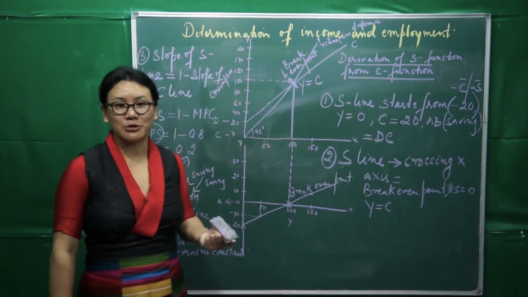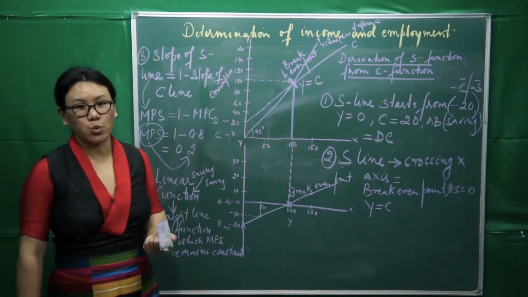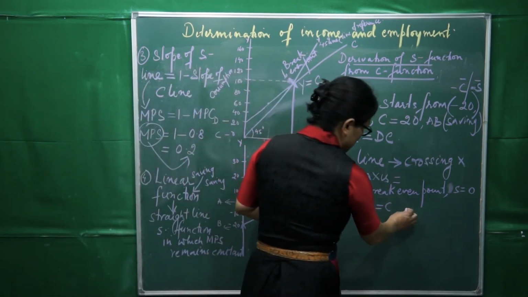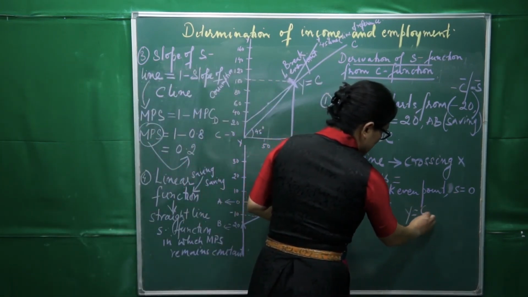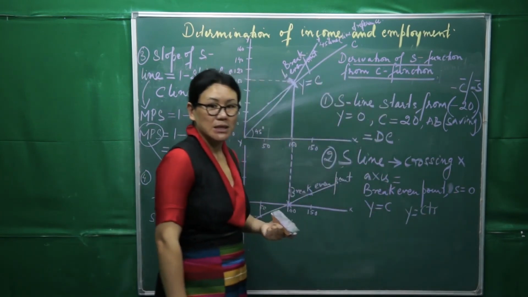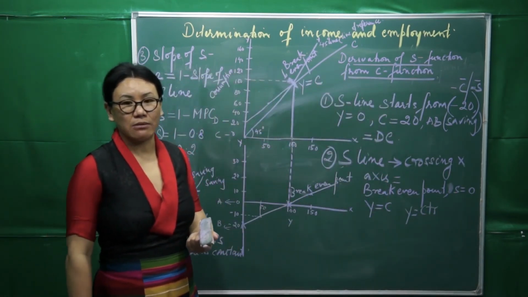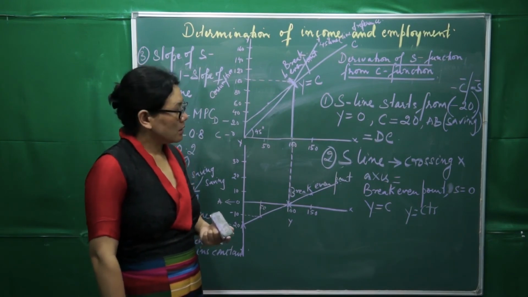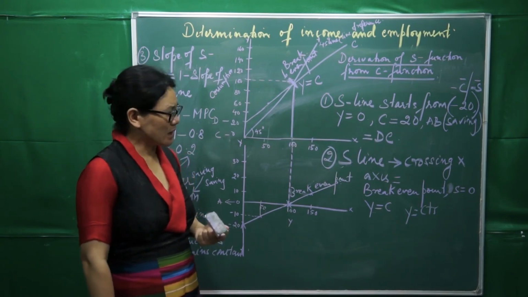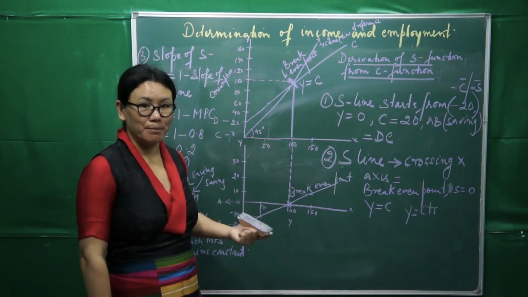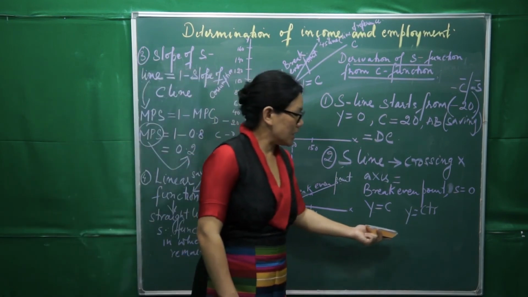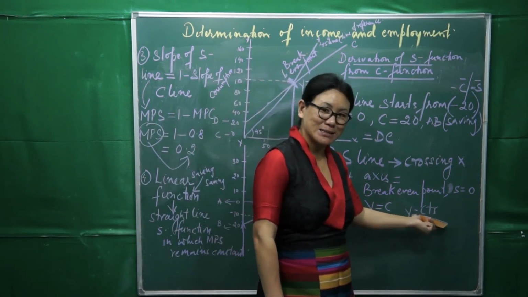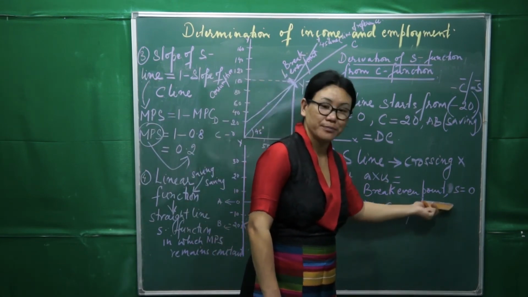So a brief recapitulation. The first one, we started here, Y is C plus S. That means C is consumption, S is saving. So both consumption and saving depend on income. So it is very easy to calculate C as well as S by using this.